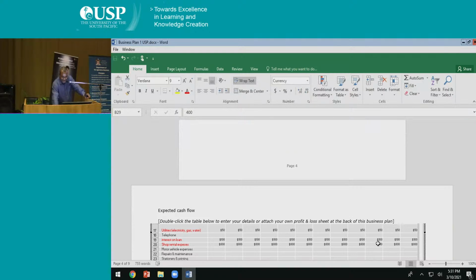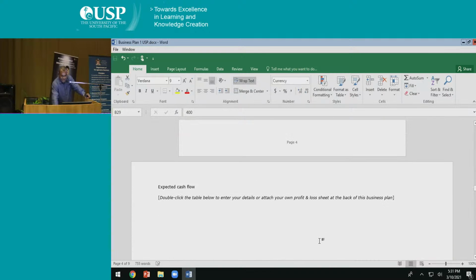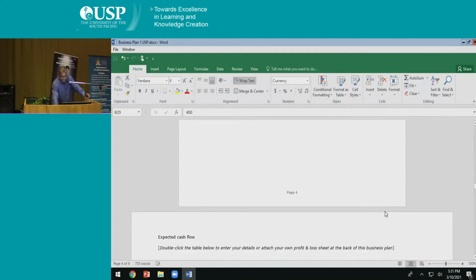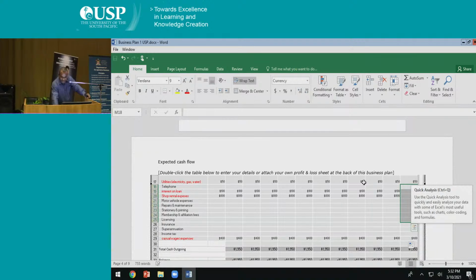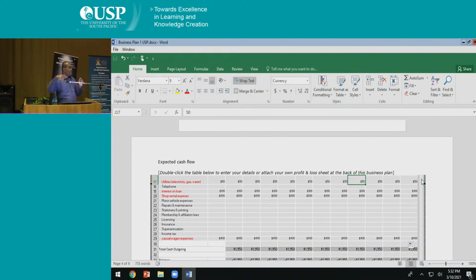I just want to balance this, the income. Any technical? No. Can anybody help me, please?